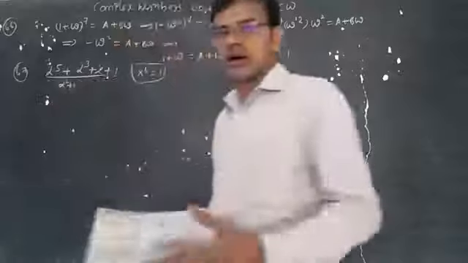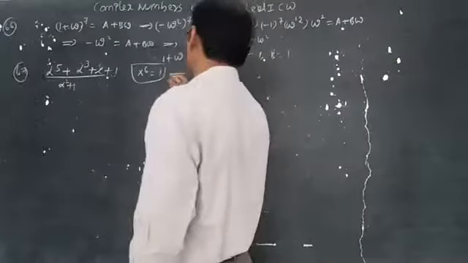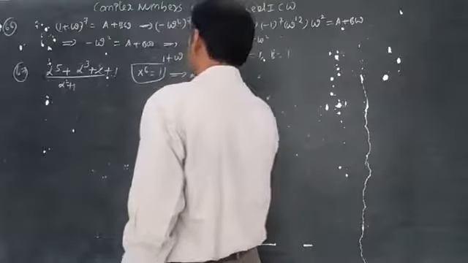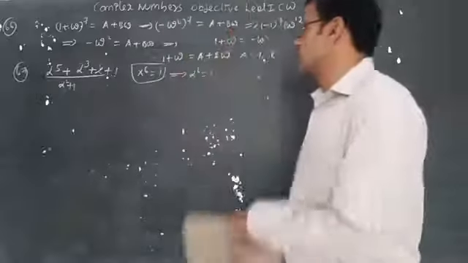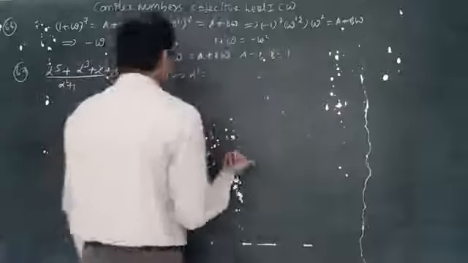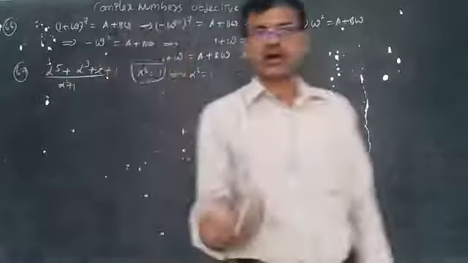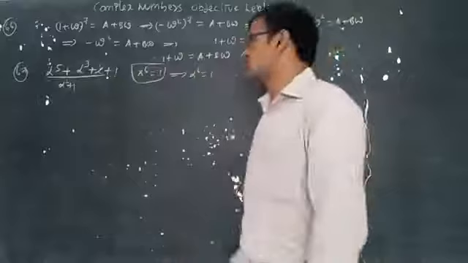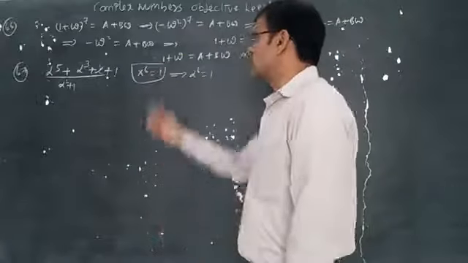For this one, alpha is a root. So that implies alpha power 6 is equal to 1. So alpha power 6 is equal to 1 means you can apply the omega concept. Omega power 6 is equal to 1, so omega is a root of this equation.